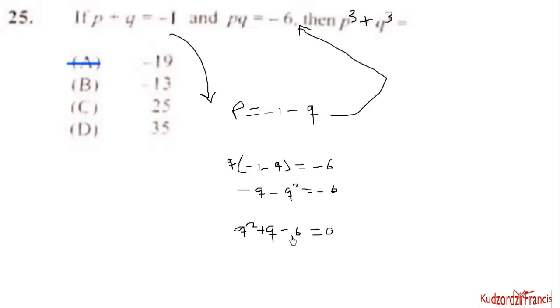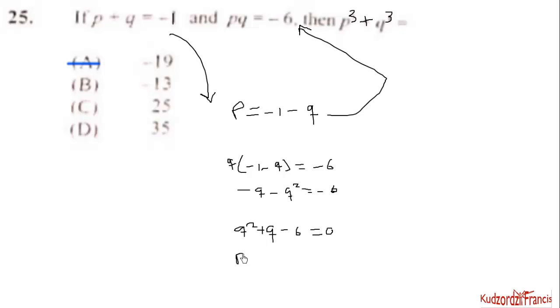So we have this quadratic trinomial. To factor this, we look for 2 factors of -6 that will add up to 1, since the coefficient of q here is 1. So 2 factors of -6 that will add up to 1 are 3 and -2.